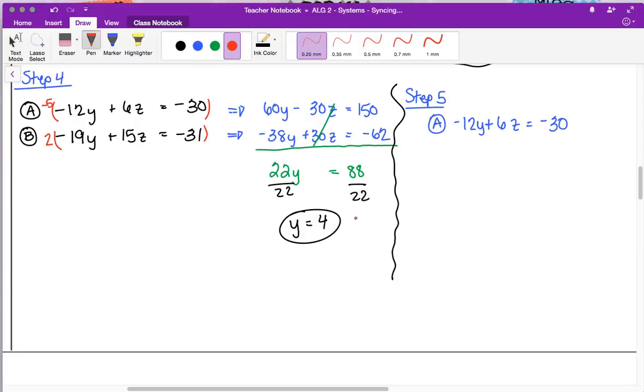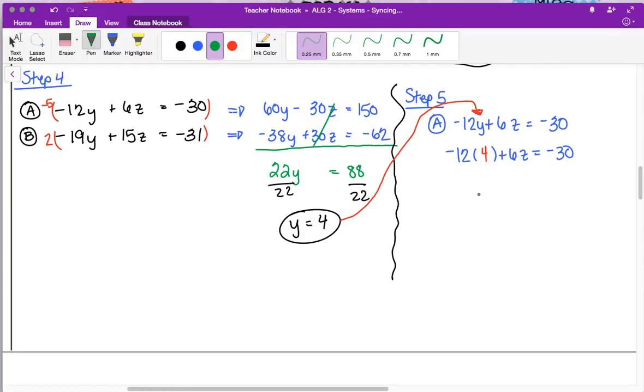So I'll take that y is 4, and this is going to go in equation A in place of the y. So that will give me negative 12 times my 4 plus 6z equals negative 30.